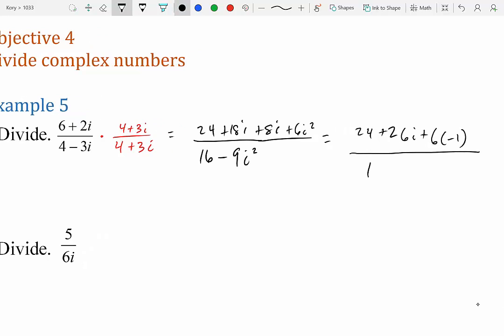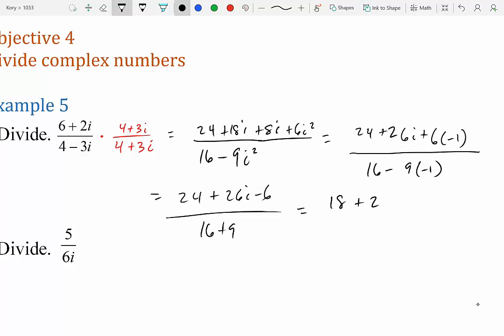And now we have 16 minus 9 times negative 1. Combine like terms and multiply the negative 1s out. So we have 24 plus 26i minus 6 over 16 plus 9. Keep going. So we have 24 minus 6, 18. So we have 18 plus 26i over 25.